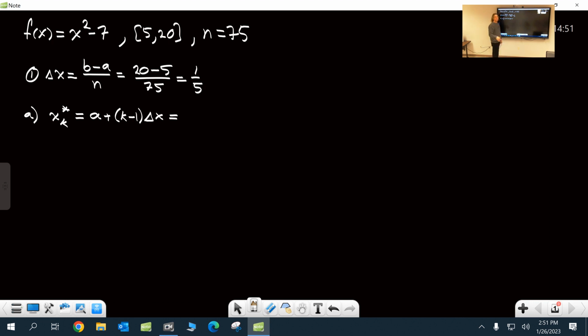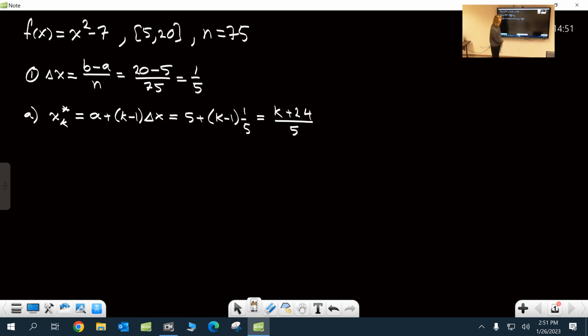And now I'm plugging in my specific values from my information here: a being 5 plus k minus 1 times 1/5. If I simplify this, I end up with k plus 24 all over 5.